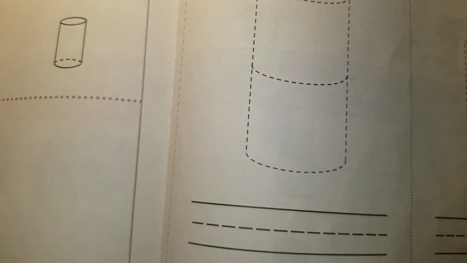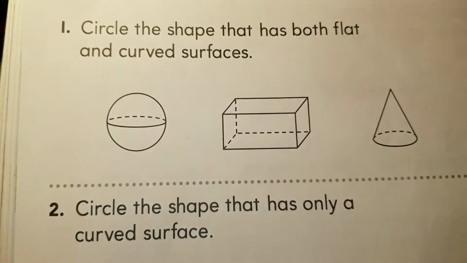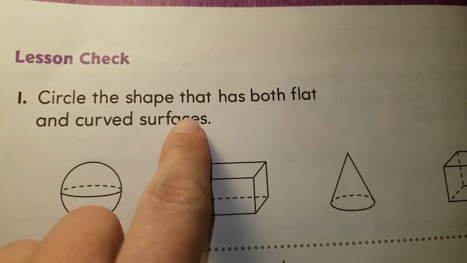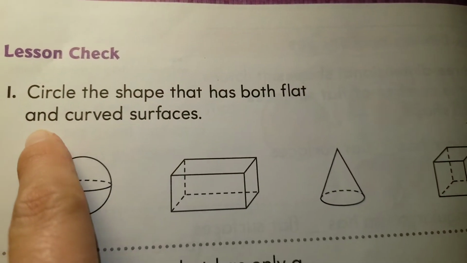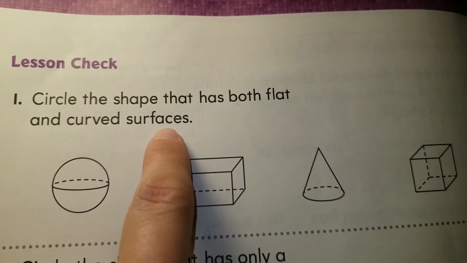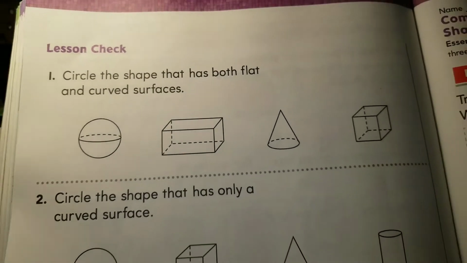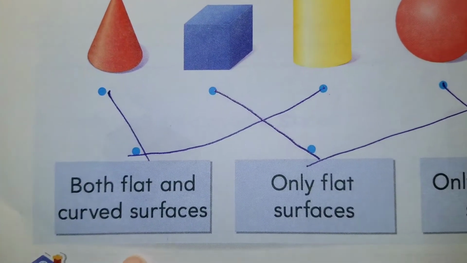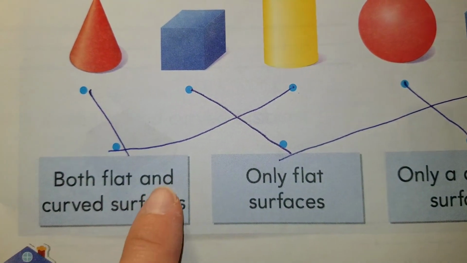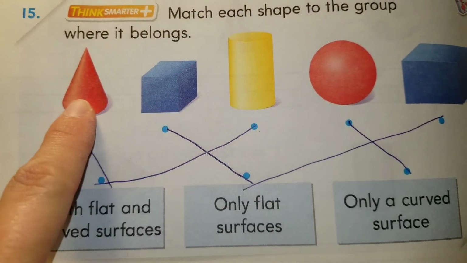Our last page of the homework. Here we go. Circle the shape that has both flat and curved surfaces. We need to have both. If you look over here, which one is the shape that has both flat and curved surfaces?